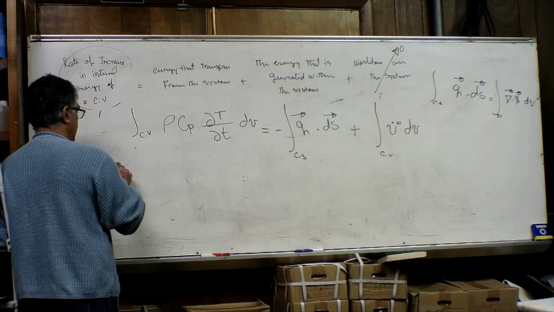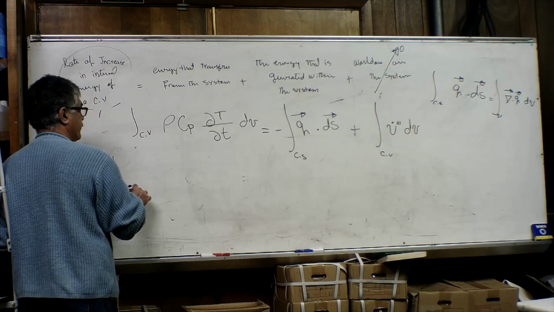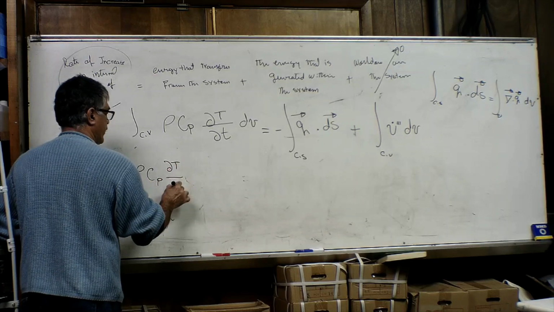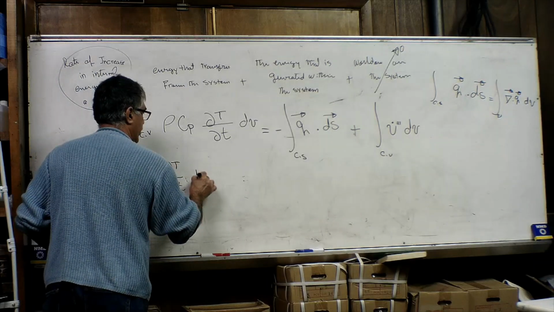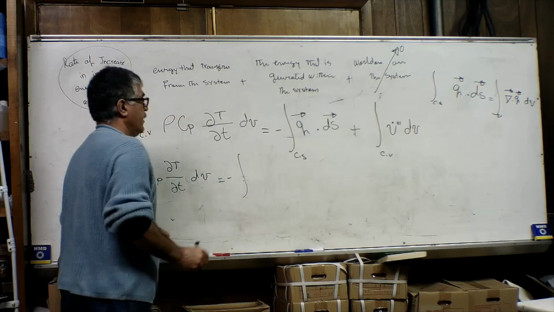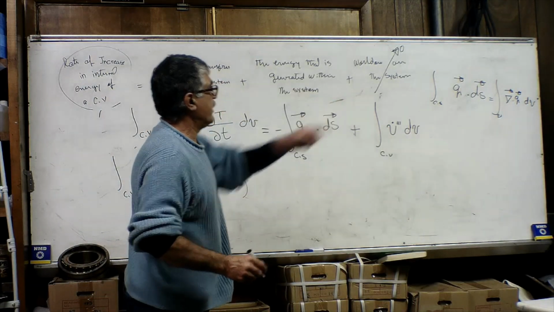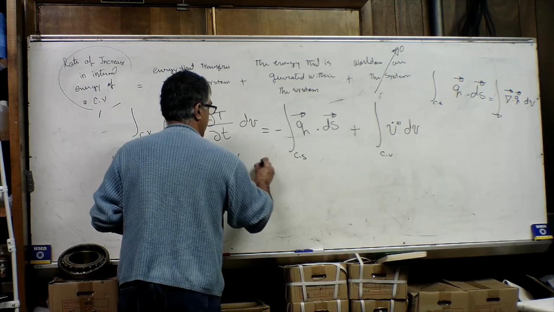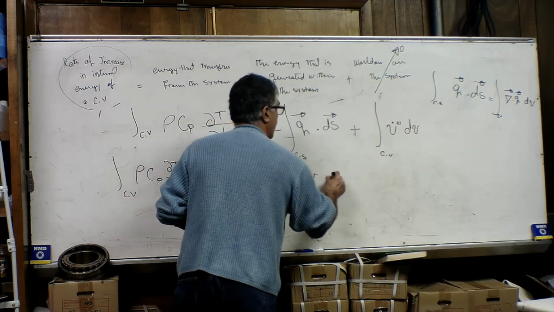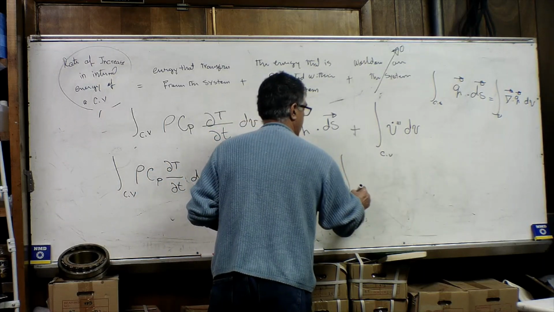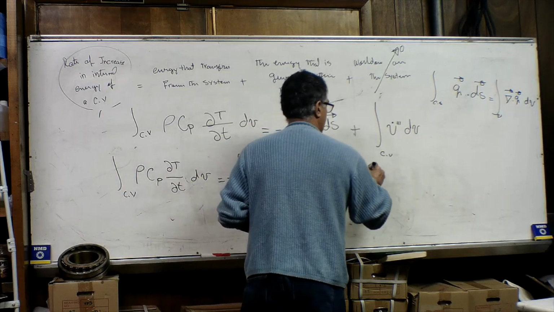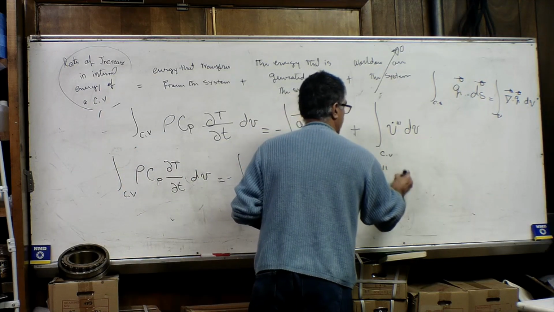So we can write this equation as the integral of rho Cp partial derivative of T with respect to time dV equal to minus the integral of del dot Q dV plus, over the control volume, U dV.